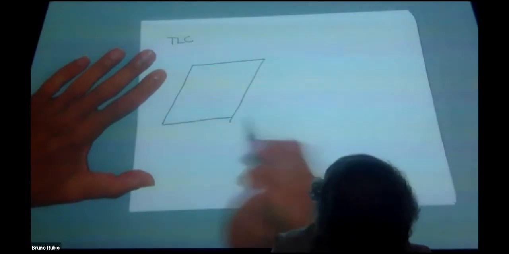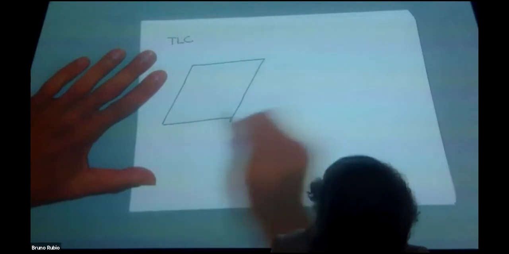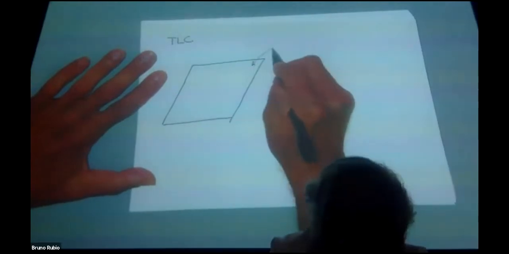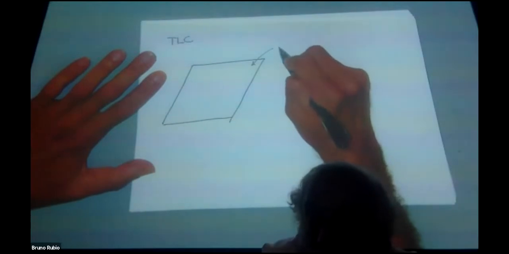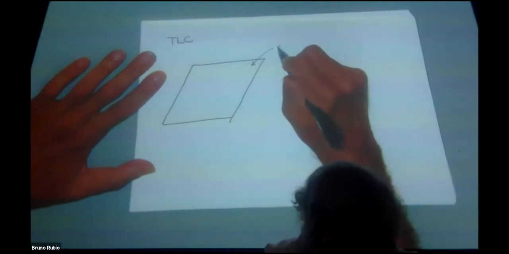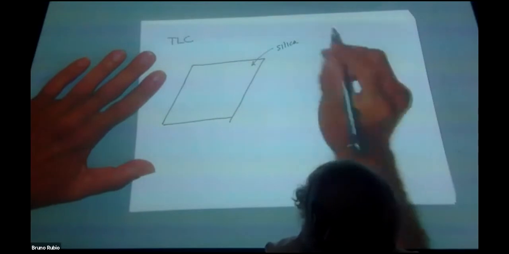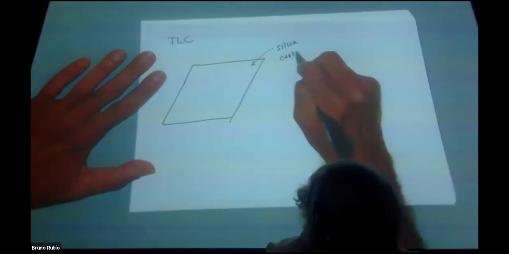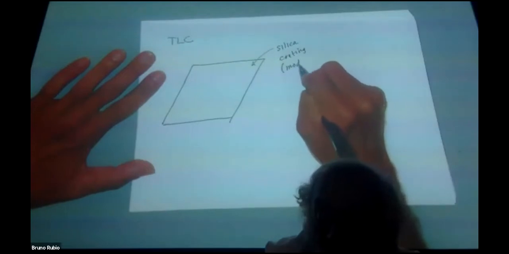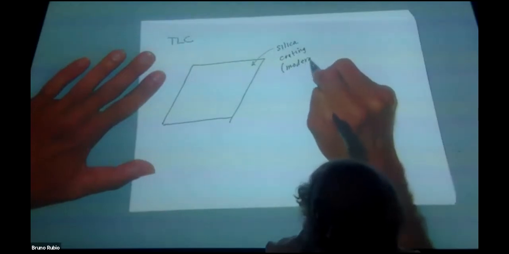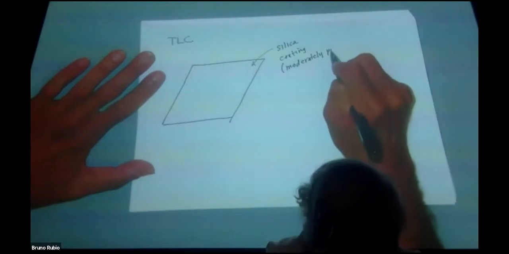You have a plate, and this plate has a coating of silica. It has a silica coating. And this silica coating is, let's say, moderately polar.